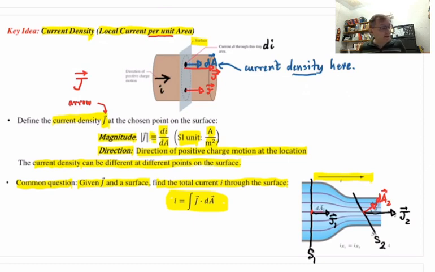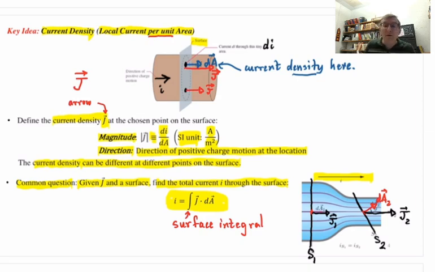To get the current through a surface, if you know the current density, you do the integral over the surface of J dot dA. It's another one of those surface integrals, like when we calculated electric flux through a surface, E dot dA. This is current density, J dot dA.